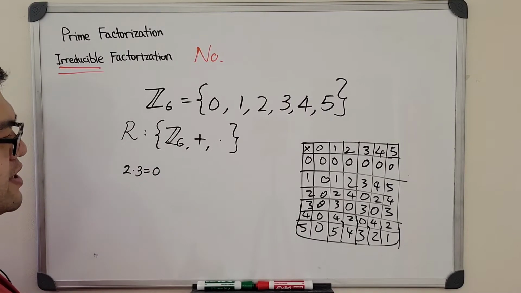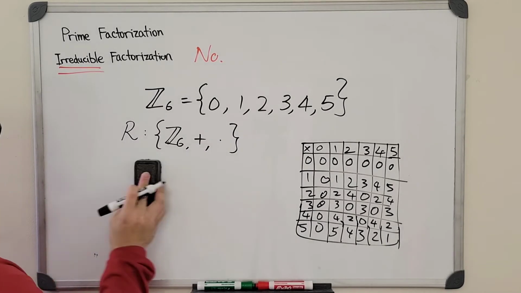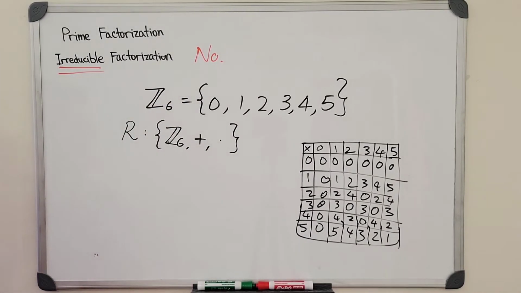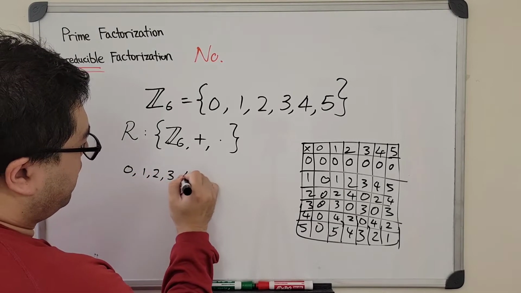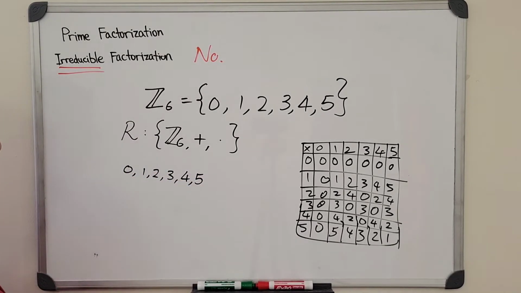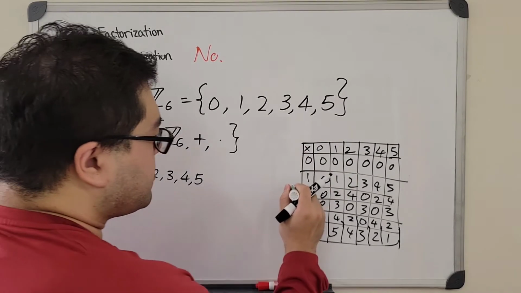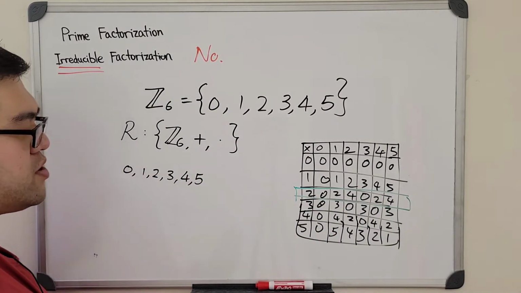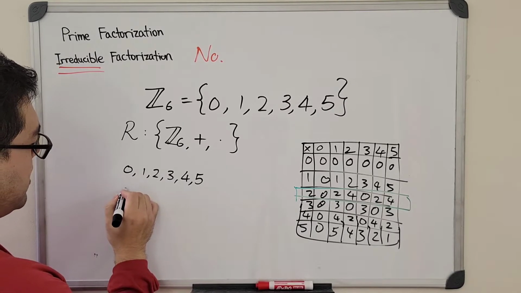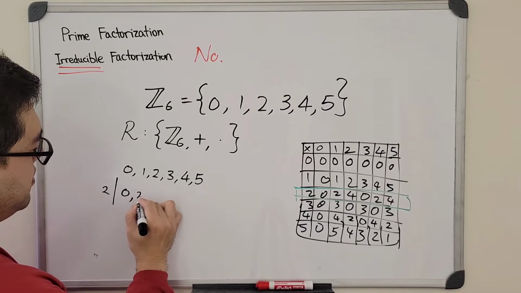But we can see that 2 is a prime by definition, because if we consider all 6 elements, 0, 1, 2, 3, 4, 5, and look at our multiplication table, only 0, 2, and 4 are multiples of 2. Meaning we can say that 2 is a factor of 0, 2, and 4.